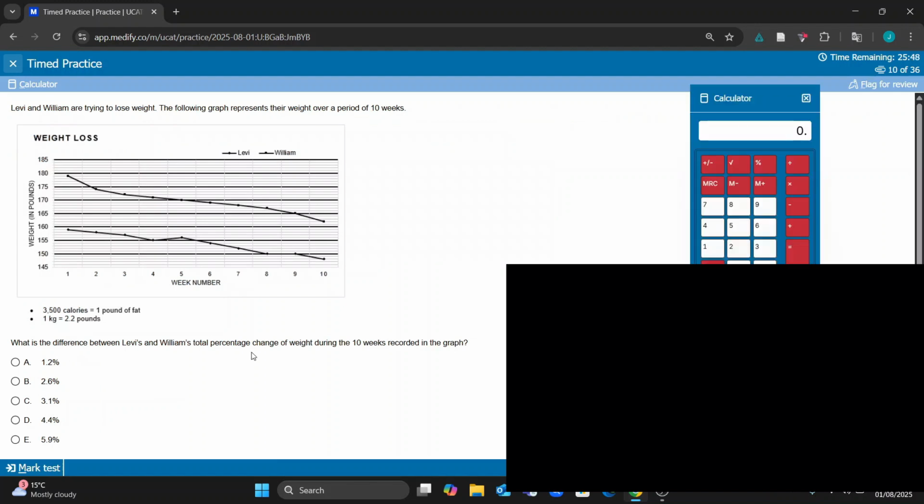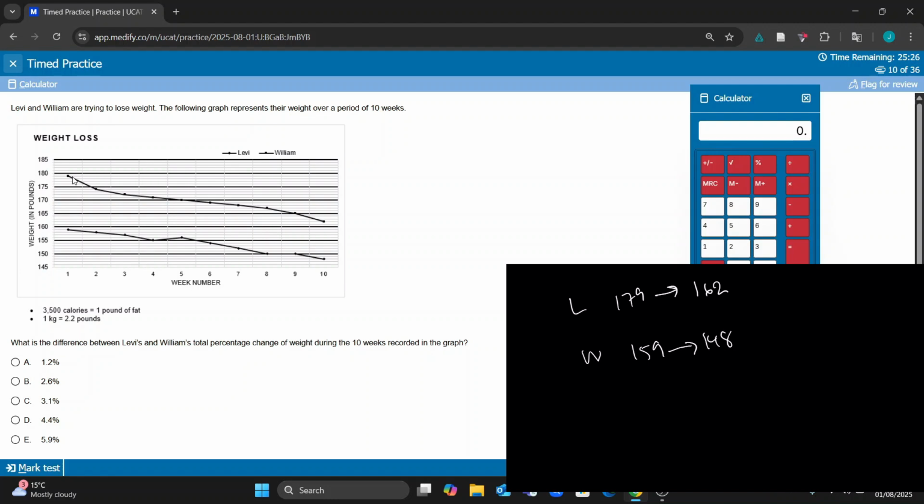What's the difference between Levi and William's total percentage change of weight during the 10 weeks recorded? So Levi starts at 179 pounds and goes to 162. William goes from 159 to 148.